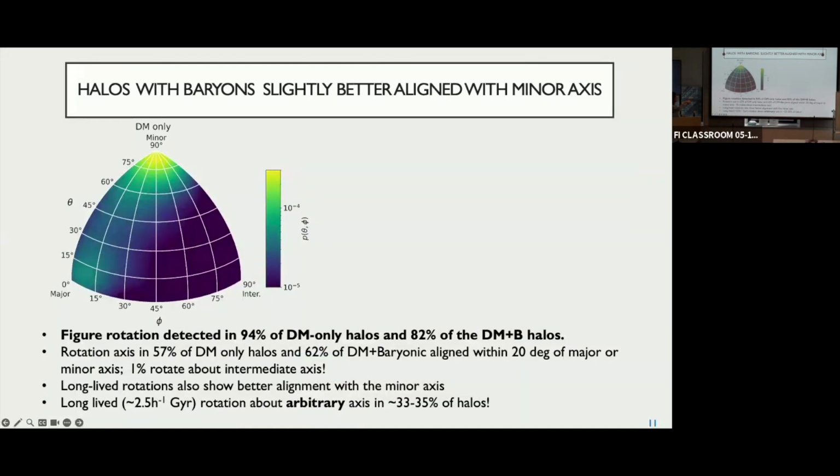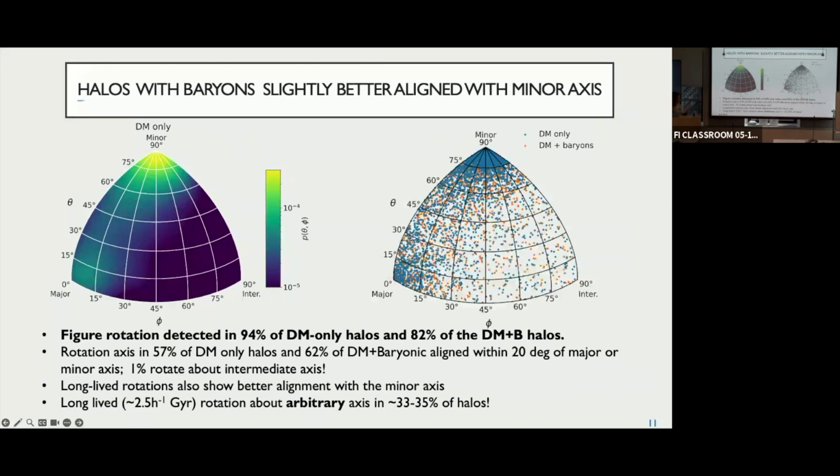This is the major axis coming out here, this is the minor axis up there, and this is the intermediate axis of the halo. And the color shows the probability that the rotation axis is aligned with the minor axis or the major axis. It just shows the probabilities, which you can also see in this plot.